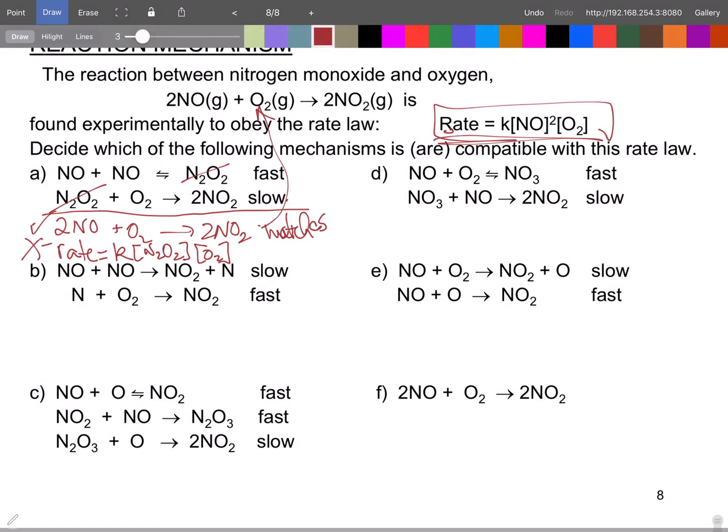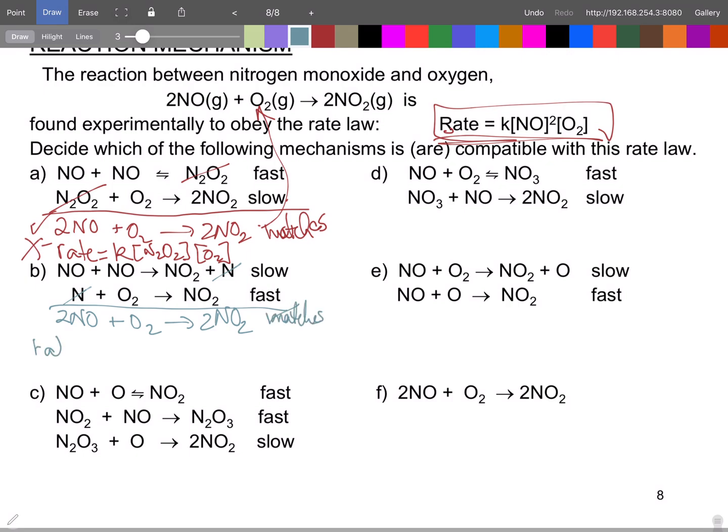And I'm going to change colors here to help differentiate. So on the second one, the N's cancel. So we get 2NO plus O2 yields 2NO2. So this matches.